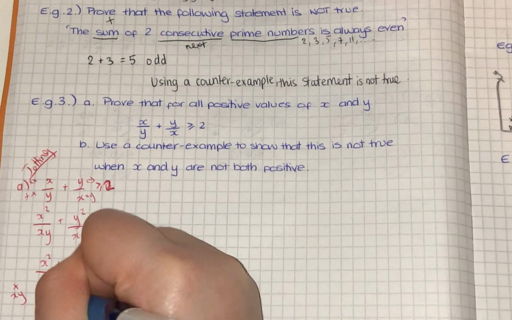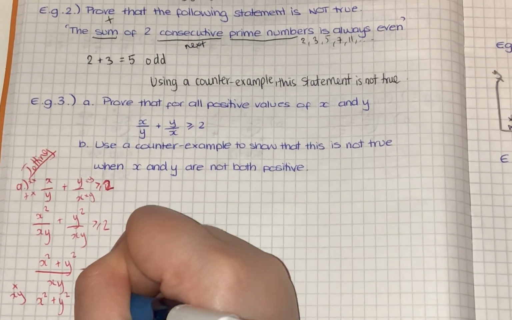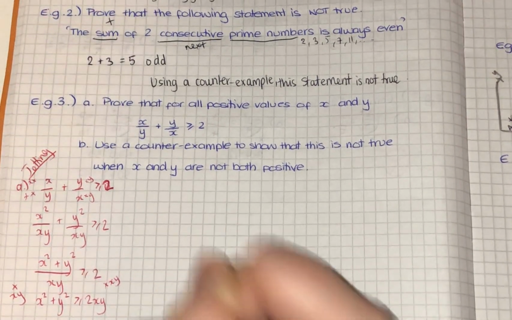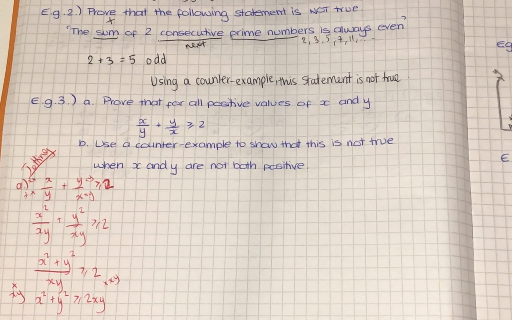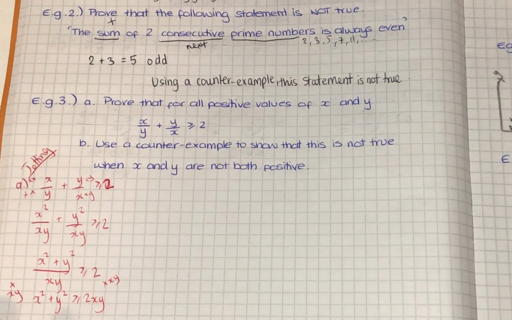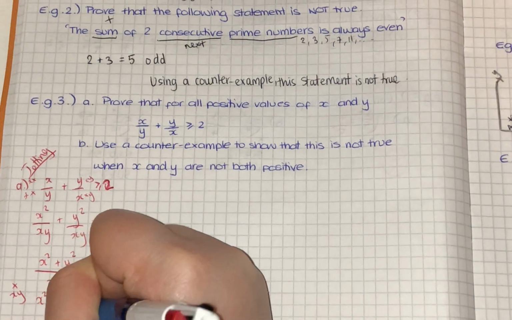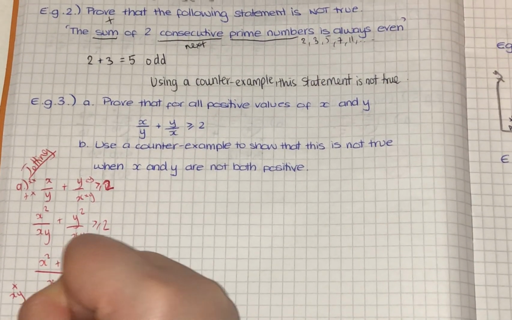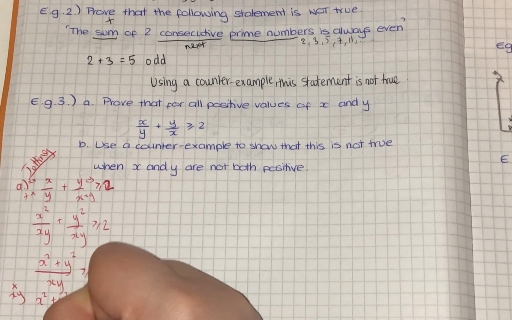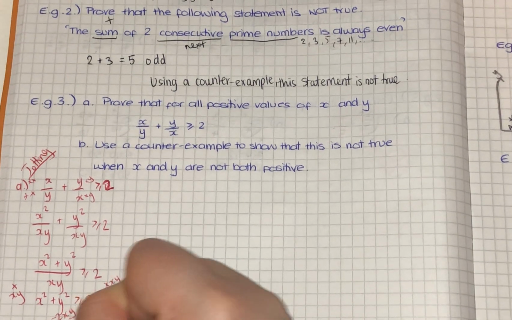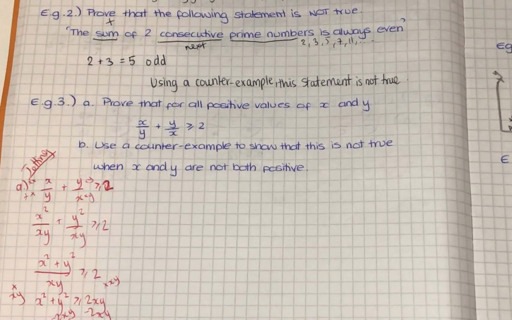So we've got x squared plus y squared is bigger than or equal to 2xy. Okay, now it can actually simplify further, so I'm going to subtract 2xy from both sides. So we've got x squared minus 2xy plus y squared is bigger or equal to 0.